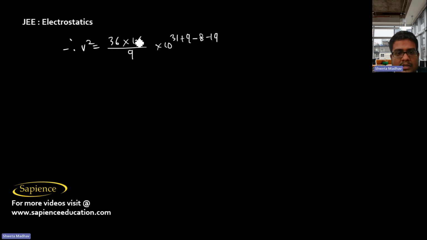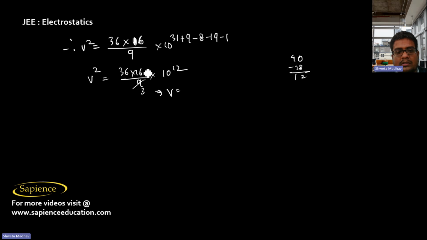But this I can write as 16 into 10 power minus 1 into 10 power minus 1. So v square is 36 into 16 by 9 into 10 power, this is 40 minus 28, so it is 10 power 12.